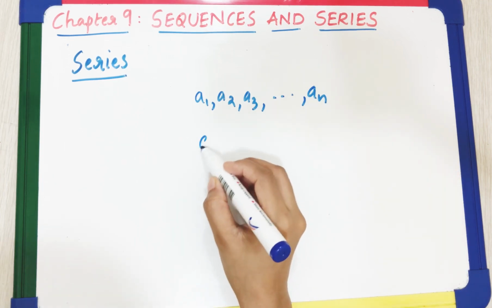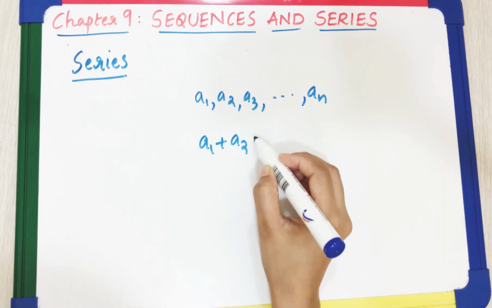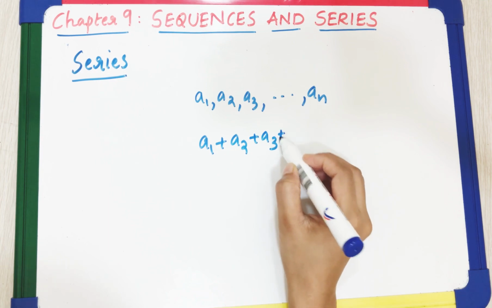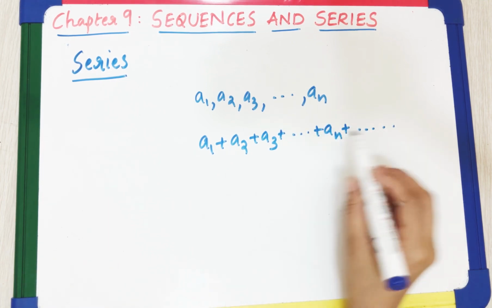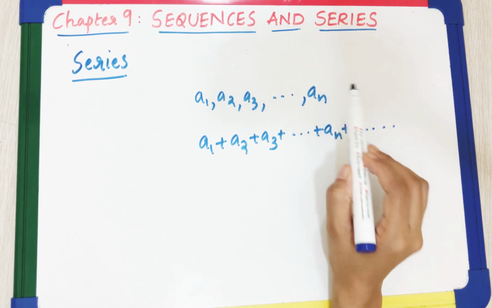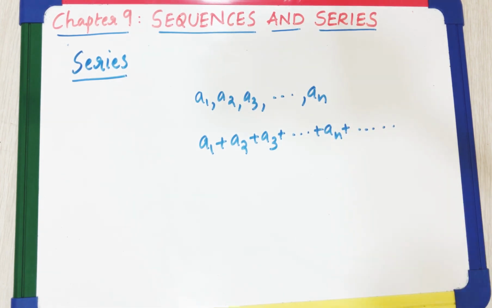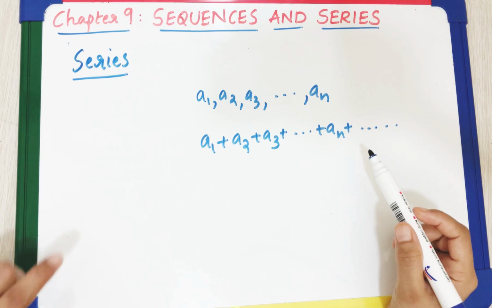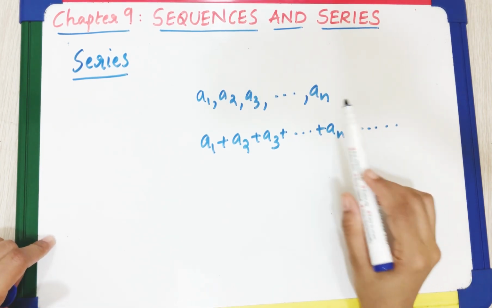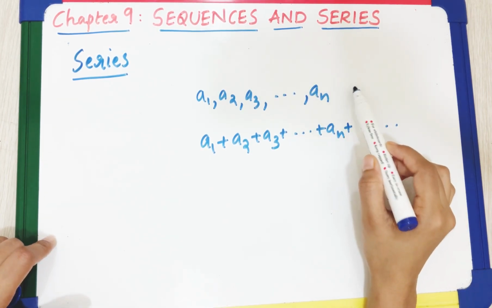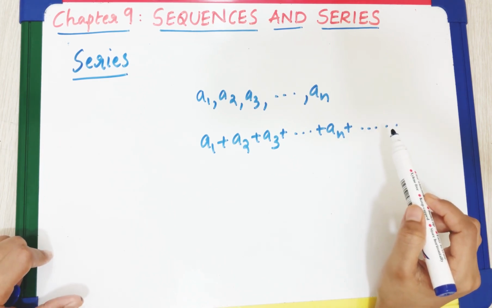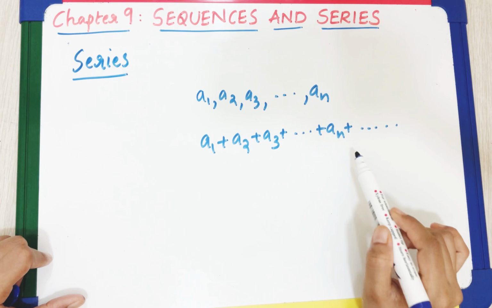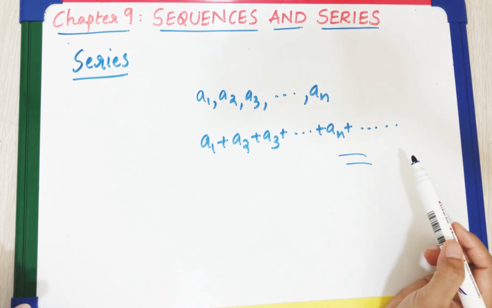Then the expression a1 plus a2 plus a3 plus etc. plus an plus etc. is called the series associated with the given sequence. We can say the series is finite or infinite according to the sequence. If the sequence is finite, then the series associated with it should be finite. And if the sequence is infinite, then the series should be infinite.